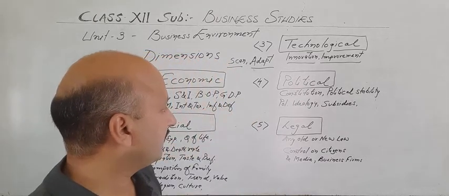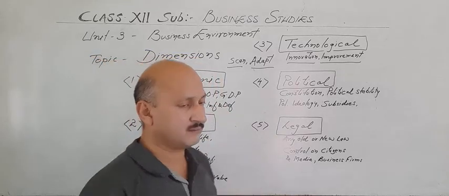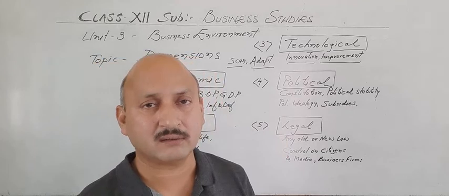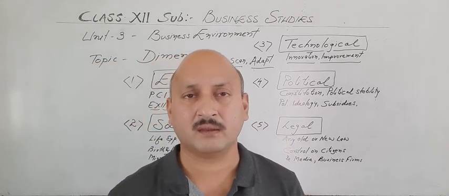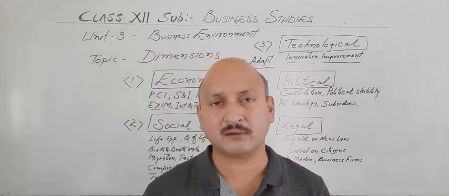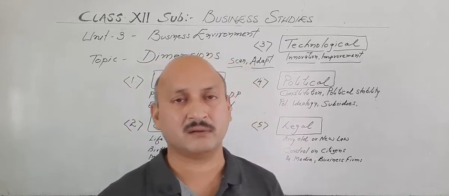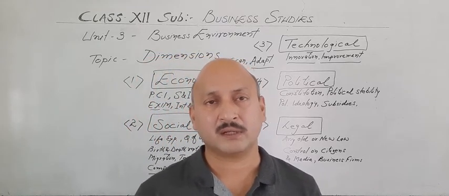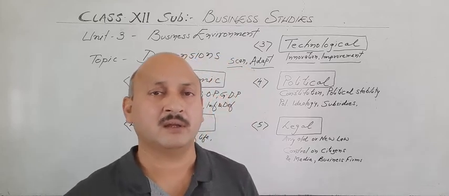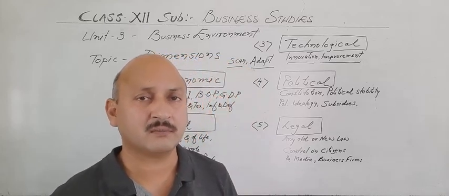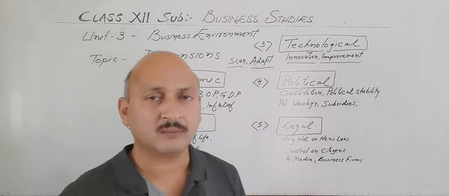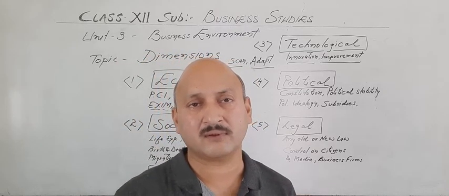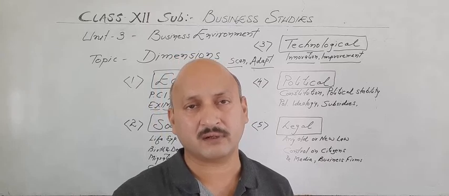Next point is political environment. In the political environment, we have to see the political stability, the attitude of government toward the businessman. Sometimes they may be favorable, sometimes unfavorable, and a businessman must be clever enough to make good connections with the government officially as well as at personal level.